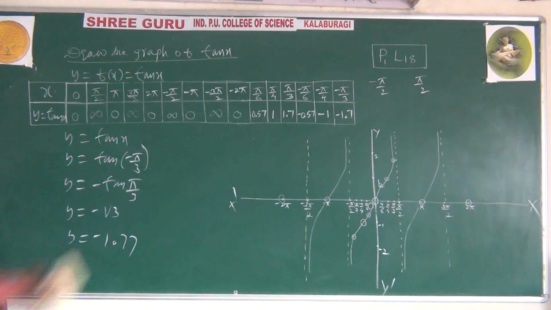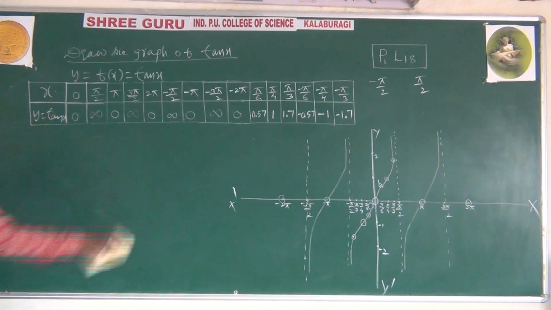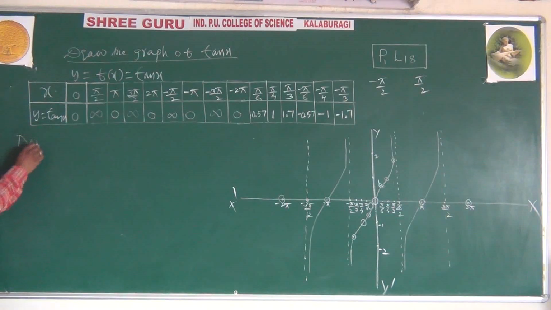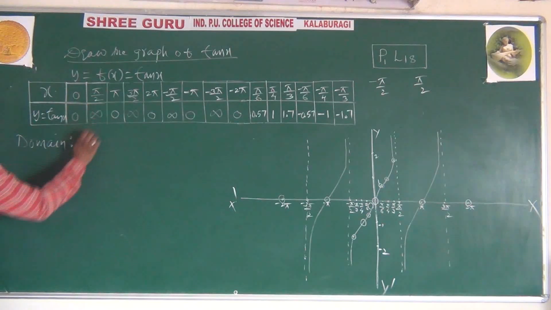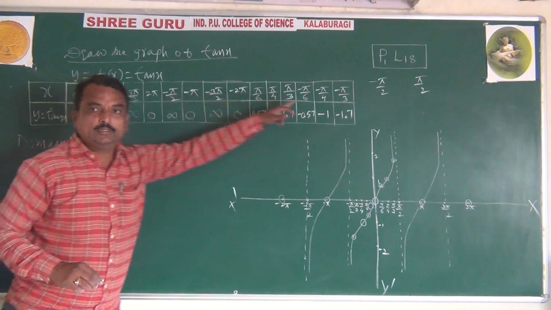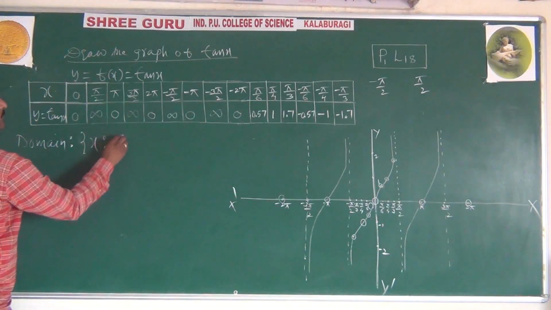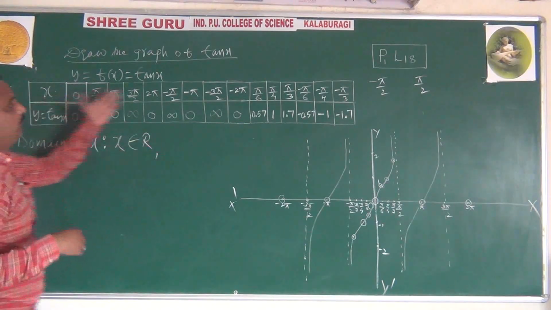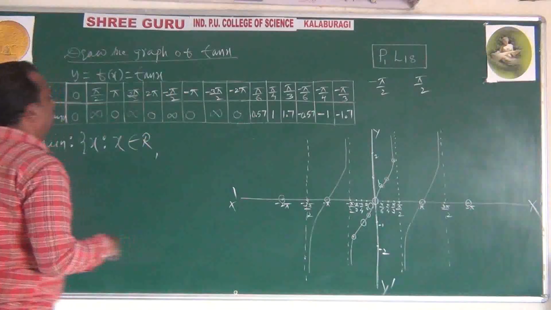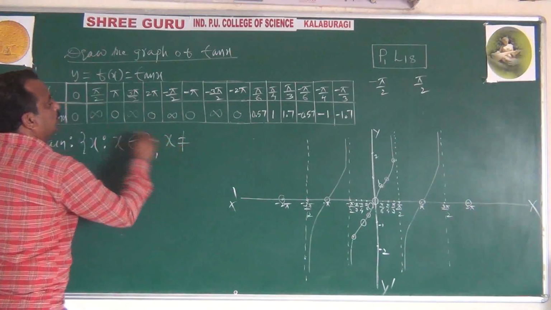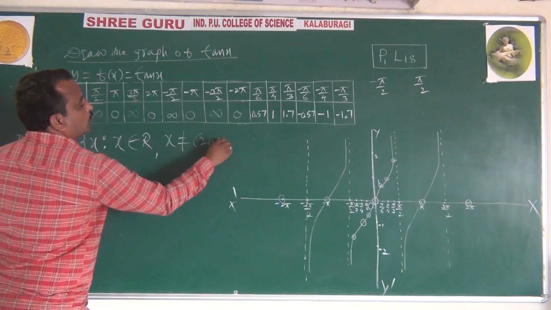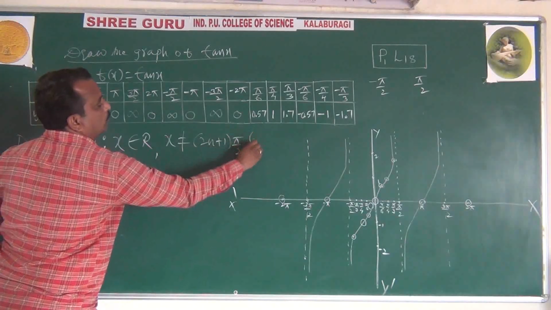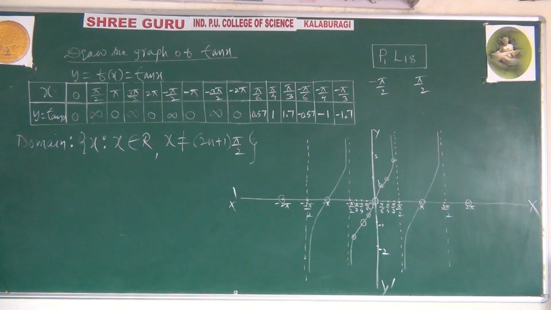domain and range here. The domain and range of this graph, that is important. The domain of the function tan x is the set of all values of x such that x is, so the domain is the set of all real numbers, but x is not equal to 2n plus 1 into pi by 2.